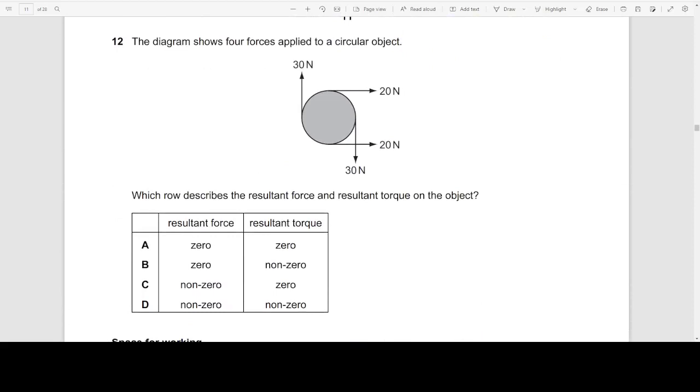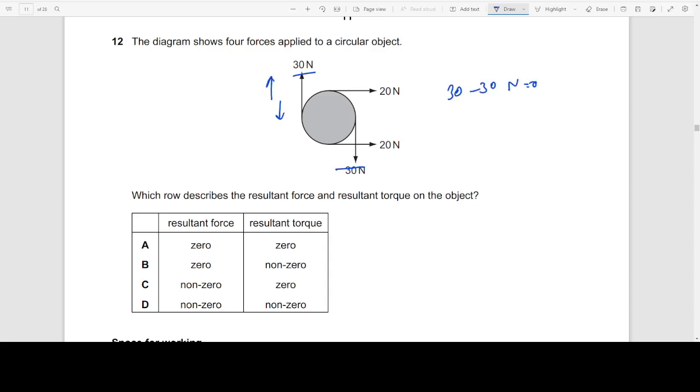The diagram shows four forces applied to a circular object. Which row describes the resultant force and the resultant torque on the object? As for the resultant force, that's just going to be non-zero, because if you see the forces in the upward and downward direction, which are 30 Newton and 30 Newton, these are balanced, correct?